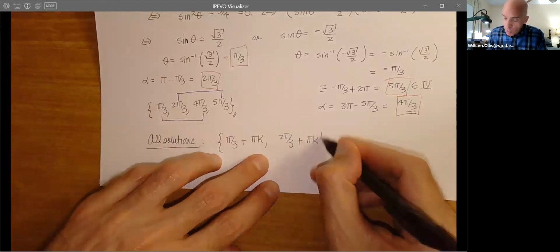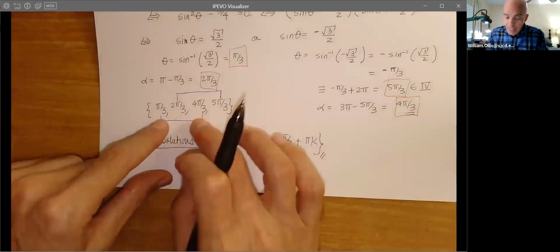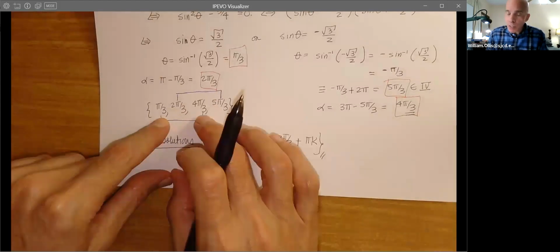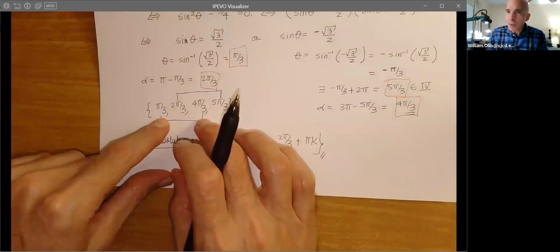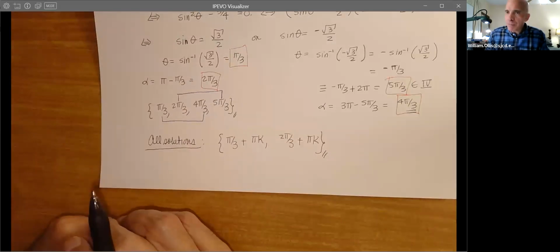That would be a way to write all the solutions, observing the fact that these mutually incongruent solutions differ by pi, okay? You can always come up with patterns, but the main pattern is Professor Ron's lemma.